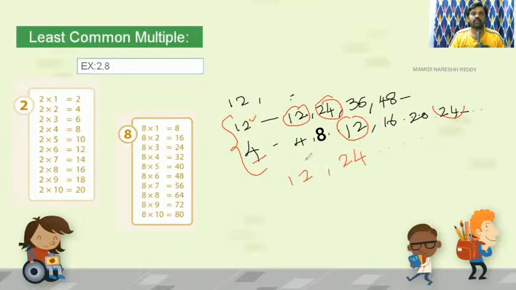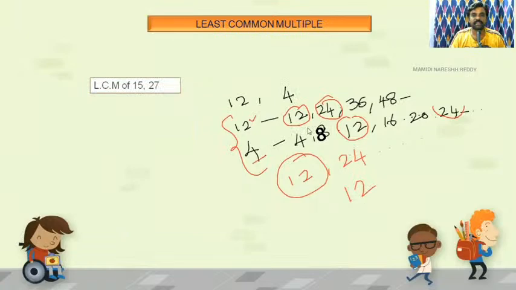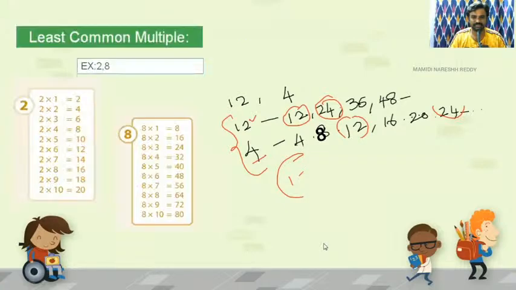Among these we need to take only the least one. So 12 is the answer. Like this, we need to find the LCM, the least common multiple. I think you got an idea about LCM. What is the exact definition of LCM?